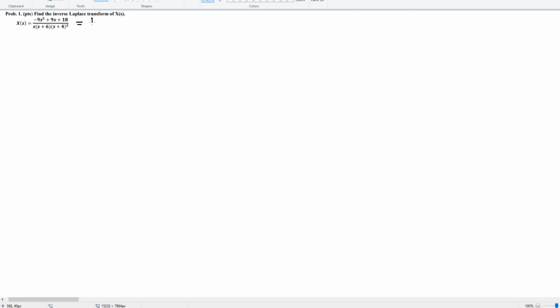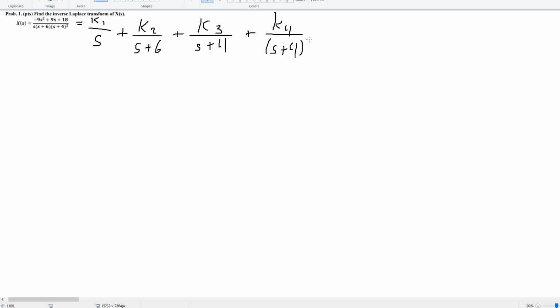So we're going to find k1 over s plus k2 over s plus 6 plus k3 over s plus 4. Now just remember, over here this is an (s plus 4) squared, and when it's squared, you always want to also do k4 over (s plus 4) squared, right?